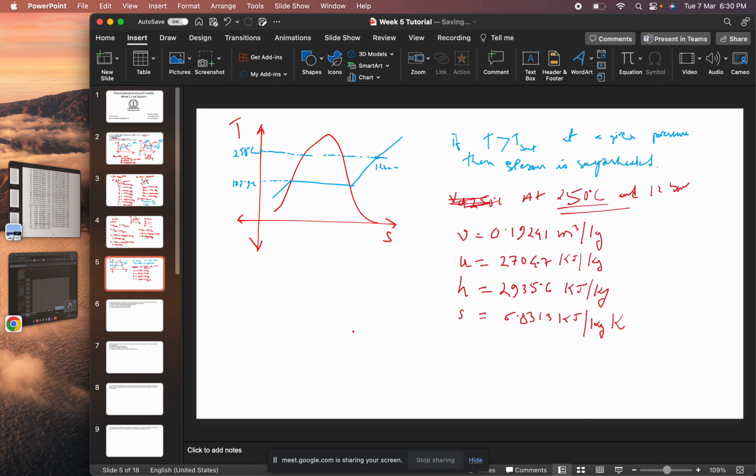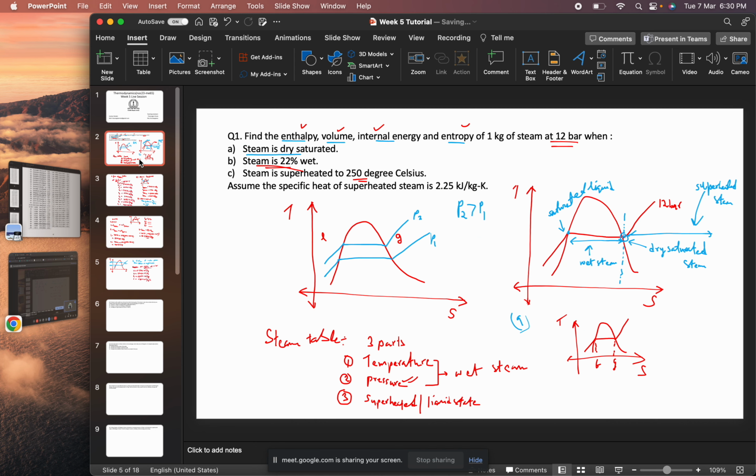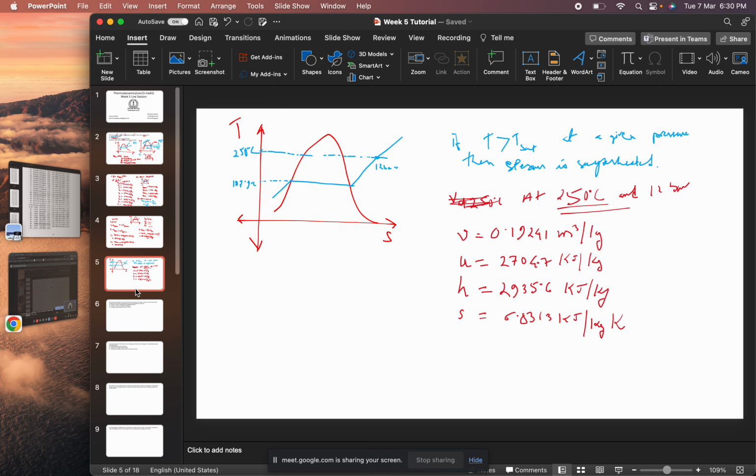Now suppose one more part is also given to us, assume this one is given. I will only do it for the enthalpy part, the rest you can do. Now suppose you know the enthalpy value till here. What is the enthalpy value till here? I am doing the alternate way.